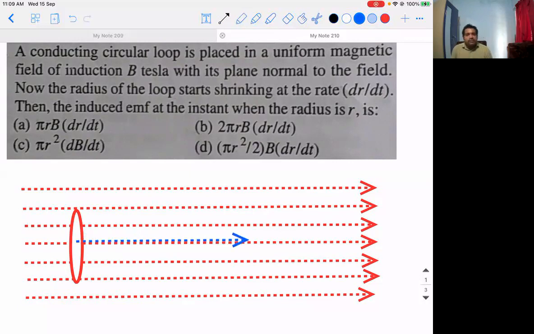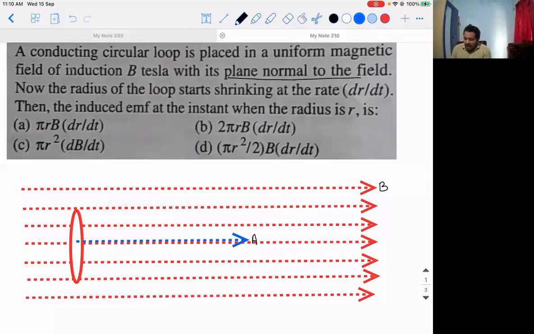in such a way that the areal vector of this plane is also passing parallel to the magnetic field. Correct? The areal vector is a vector quantity. How will we get the areal vector? By drawing the perpendicular to the plane.